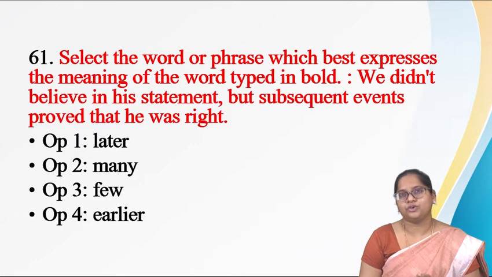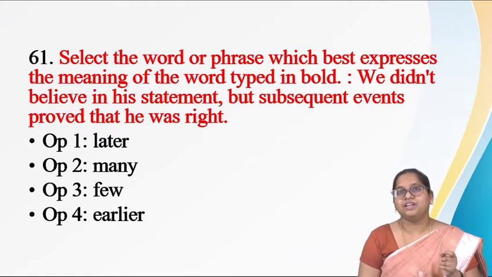Now let us look at the options given. Option 1, later. Option 2, many. Option 3, a few. Option 4, earlier. Now you have to select the option which is very near in meaning. We didn't believe in his statement, but subsequent events proved that he was right.